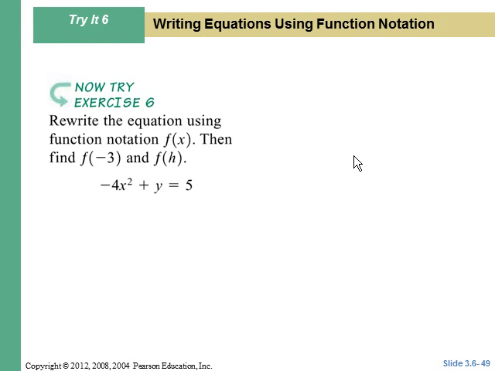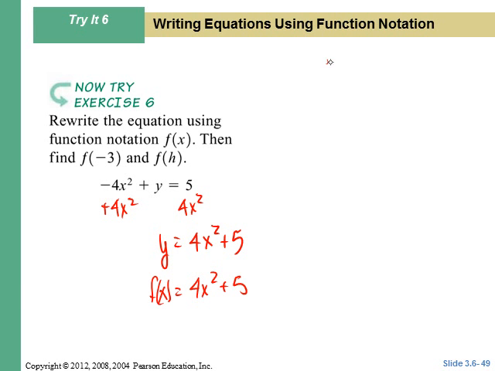Try this one. So getting in f of x notation, add 4x squared to both sides. We get y equals 4x squared plus 5. F of x equals 4x squared plus 5. F of negative 3 is 4 times negative 3 squared plus 5.